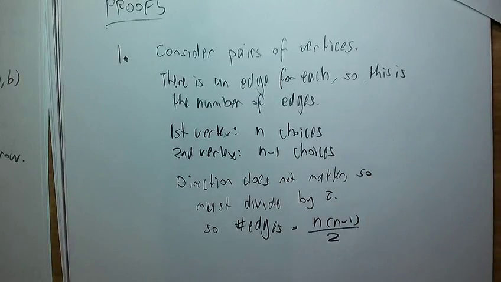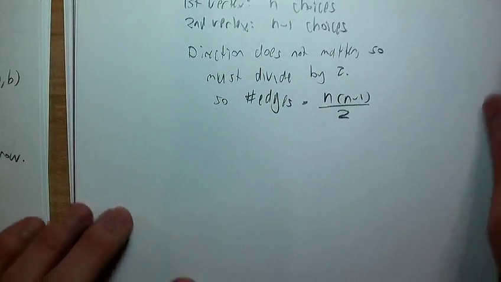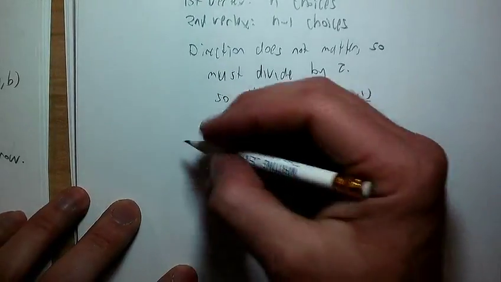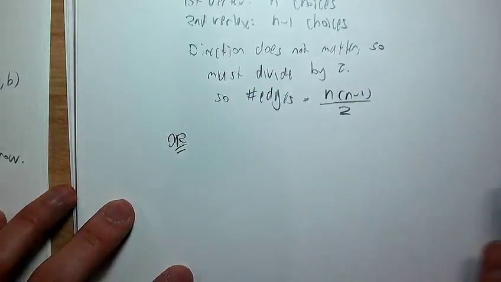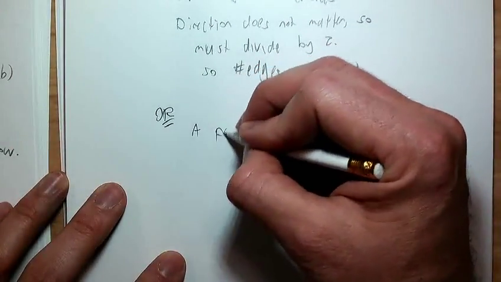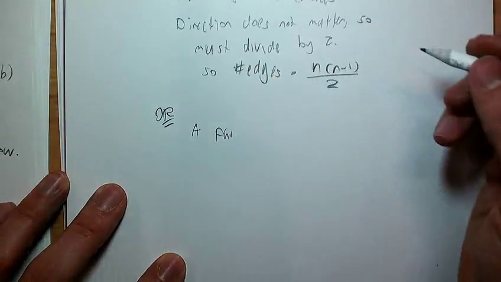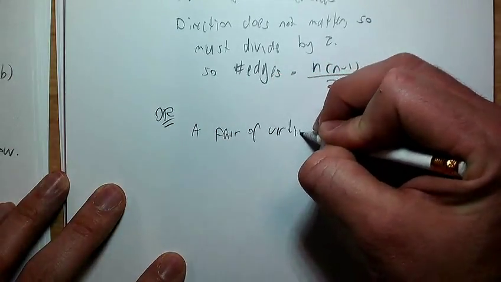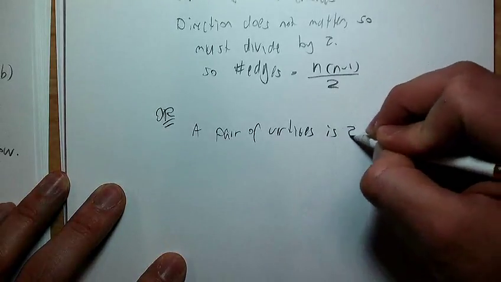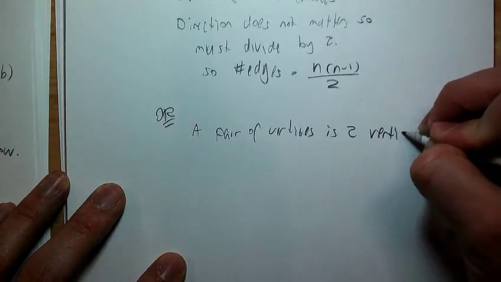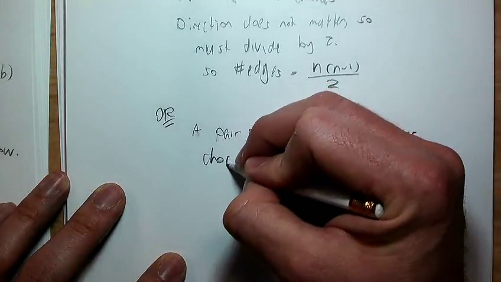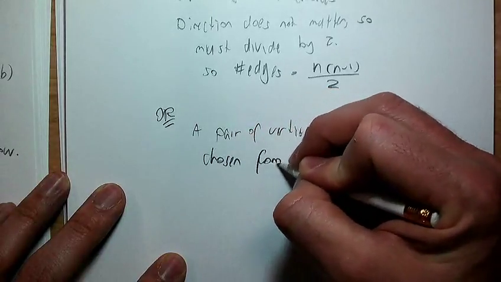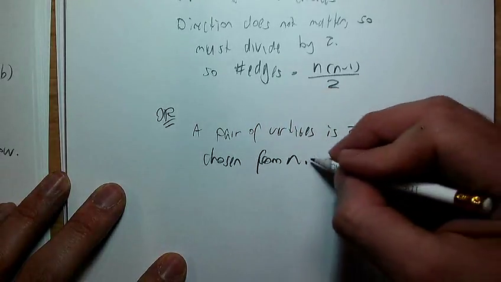You could also do a much more direct argument. You could say a pair of vertices is 2 vertices chosen from n vertices.